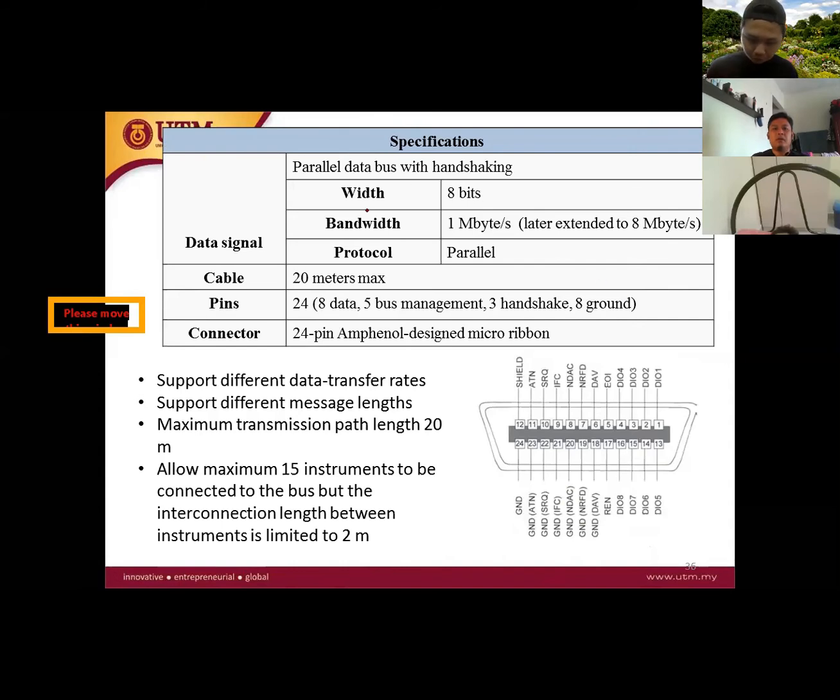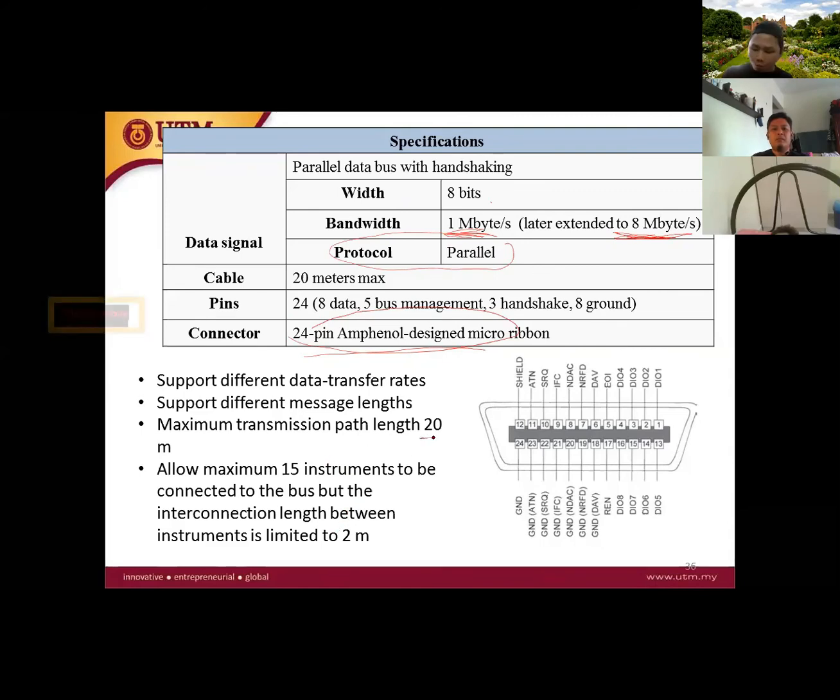The data signal width is 8 bits, and the bandwidth of the speed is about 1 megabyte per second, but later it was extended to 8 megabytes per second. It uses parallel transmission. There are 24 pins on the GPIB bus, and this is the connector type.